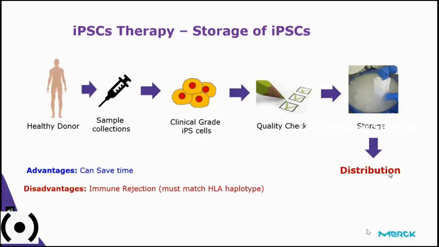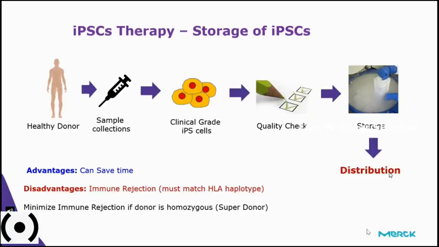What is the solution? They are identifying super donors which are homozygous, and I'm not going into detail, but these donors' samples are compatible with most of the population, right? So there is minimum immune rejection if your donor is a super donor and homozygous.